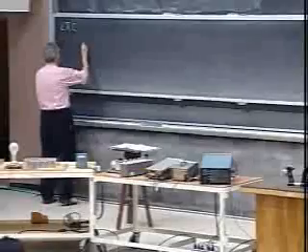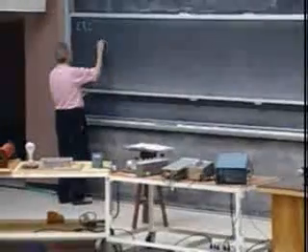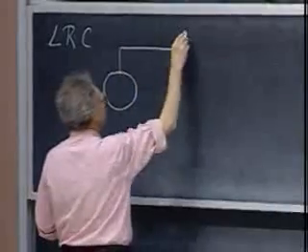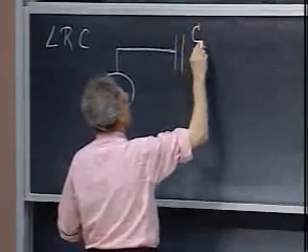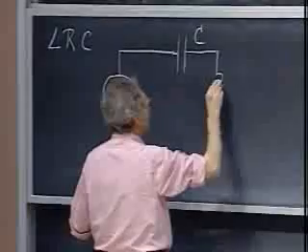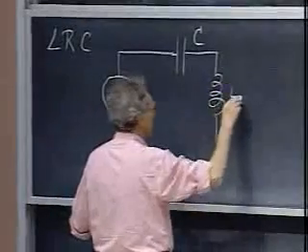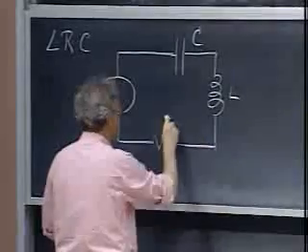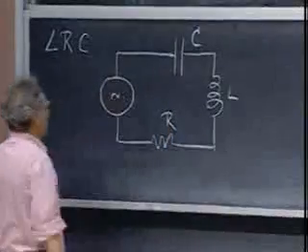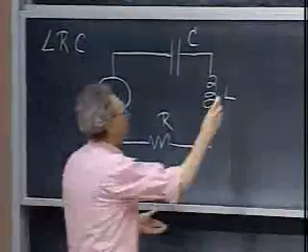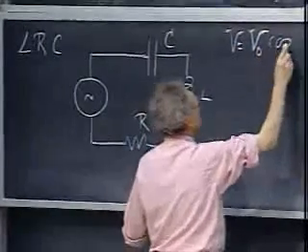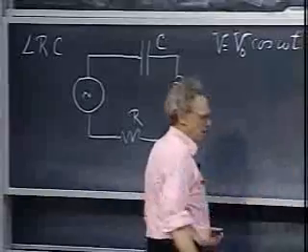I have here a driving power supply, alternating, and here I have a capacitor, C, a self-inductor, L, and a resistance R. This is AC, and let the driving voltage be V0 cosine omega t.